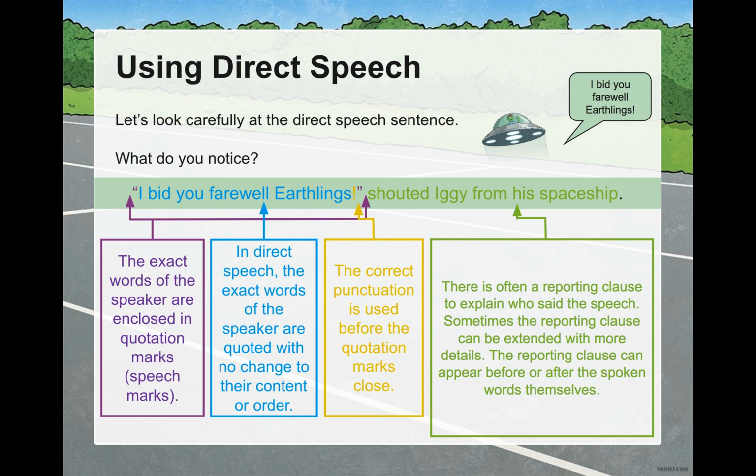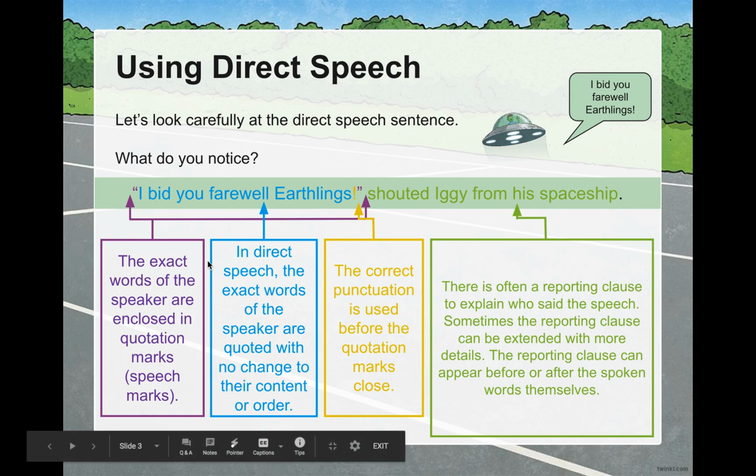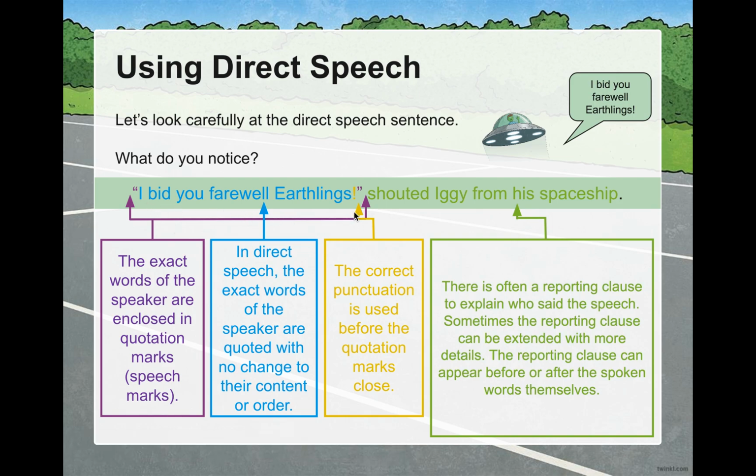So if we look at the direct speech example, the exact words that he said are inside the quotation marks. There's no change to the words. We don't move them around. This is exactly what he said. We always have an ending punctuation here.